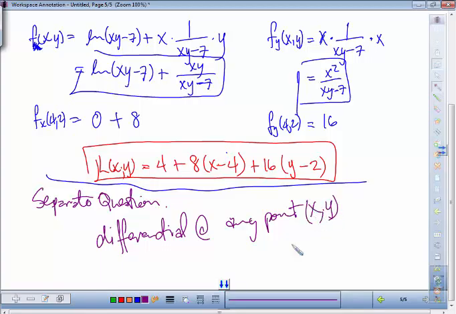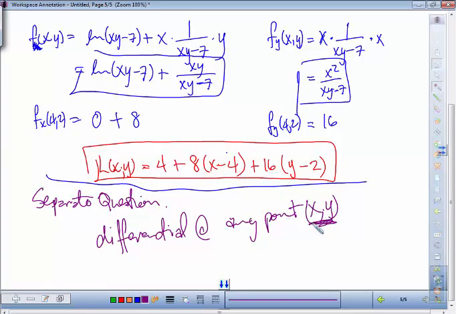So remember, the differential at any point is really just the second two-thirds of that without this first number. And then if you wanted the differential at that particular point, you would use the same numbers, 8 and 16.